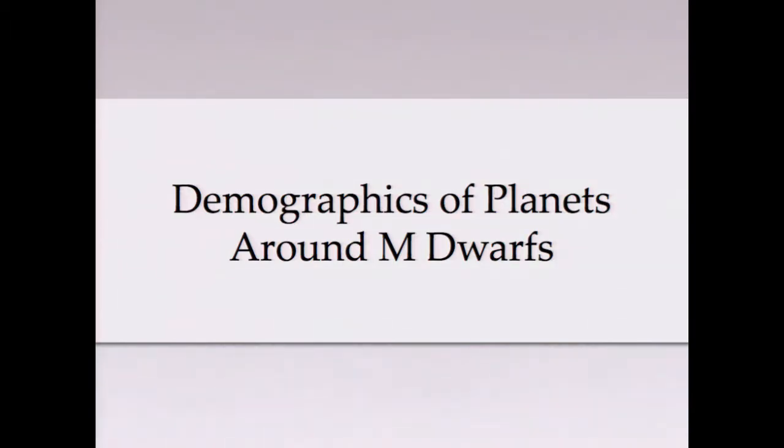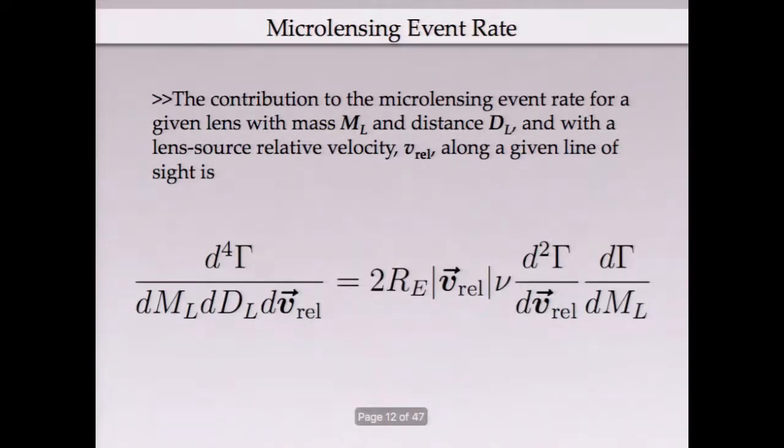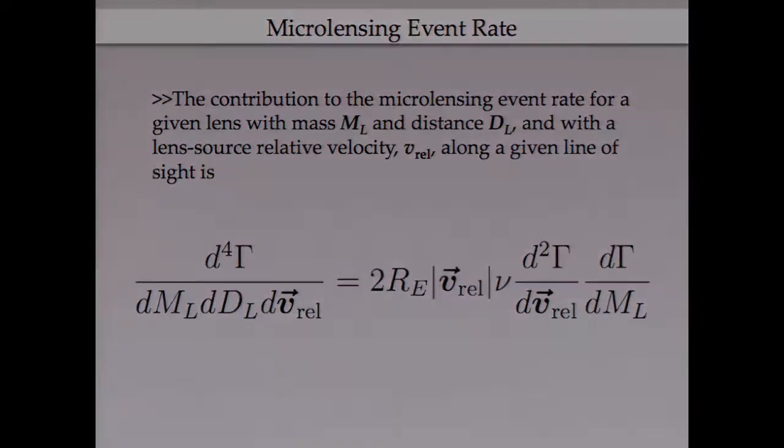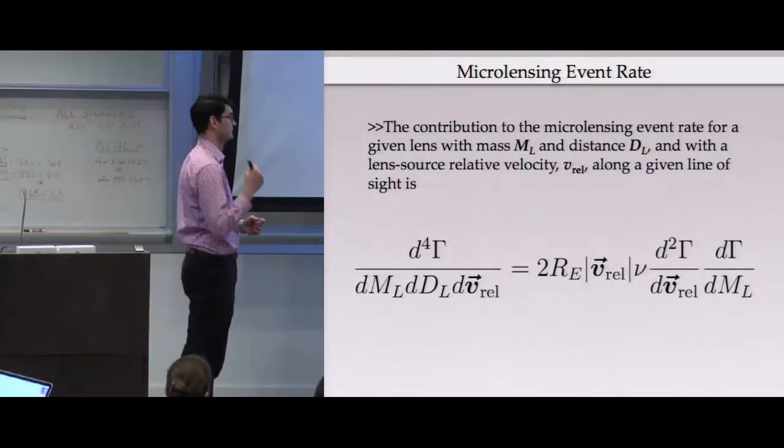And so for the rest of this talk, I want to focus on demographic studies of M dwarfs. And the reason for this is primarily because in microlensing, the event rate explicitly depends on the lens mass function. And so here I'm showing an expression for the event rate for a lens with given mass and distance and with some given relative lens-source velocity along some line of sight.